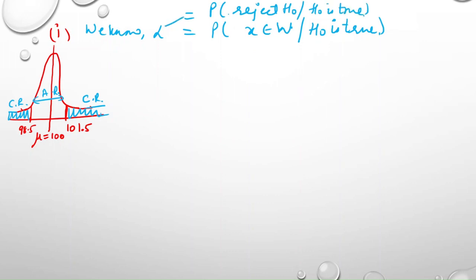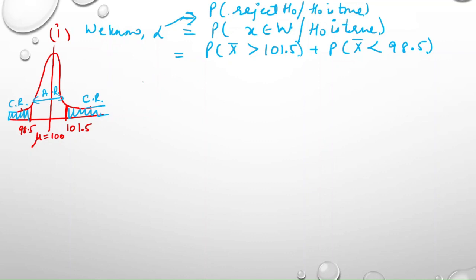So this is what alpha error is. So our W in this case is X bar greater than 101.5 and X bar less than 98.5. When H naught is true, that means your mu is 100.